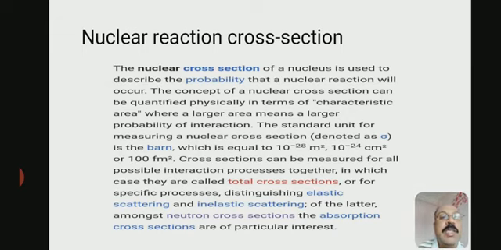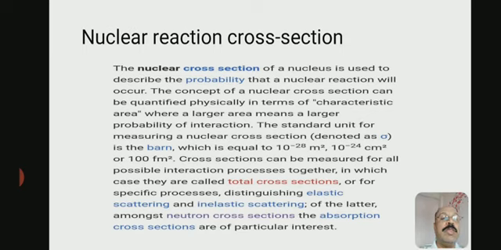Now we see the next topic, the nuclear reaction cross section. The nuclear cross section of a nucleus is used to describe the probability that a nuclear reaction will occur. The concept of a nuclear cross section can be quantified physically in terms of a characteristic area, where a larger area means a larger probability of interaction.